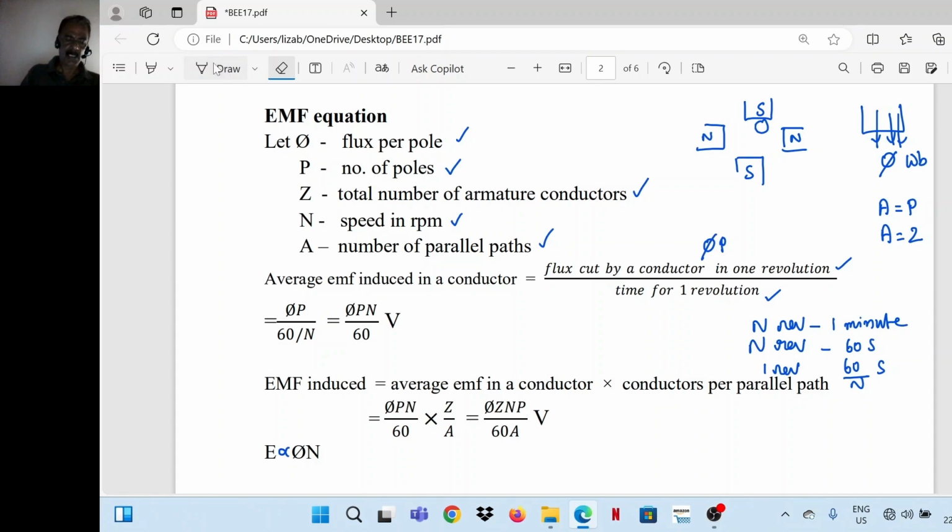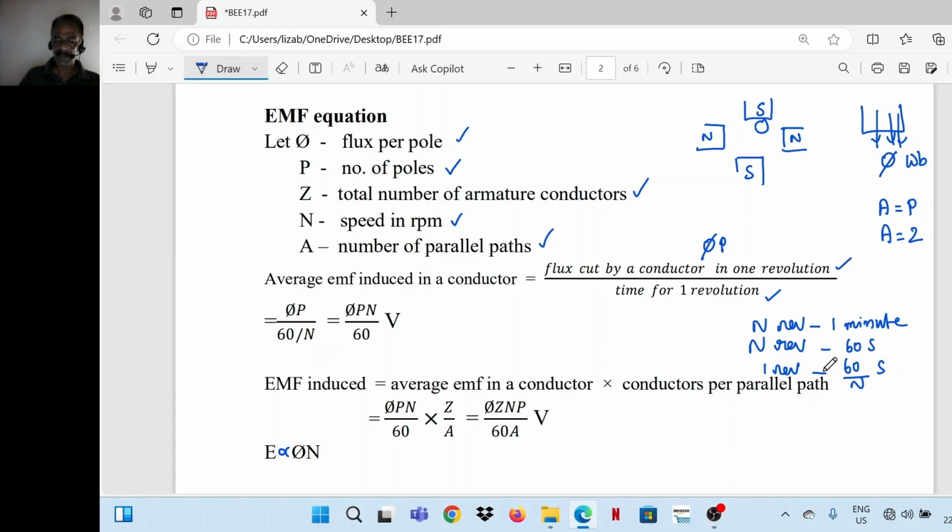So it is completing N revolutions in 60 seconds. So the time required for one revolution is 60 by N seconds.